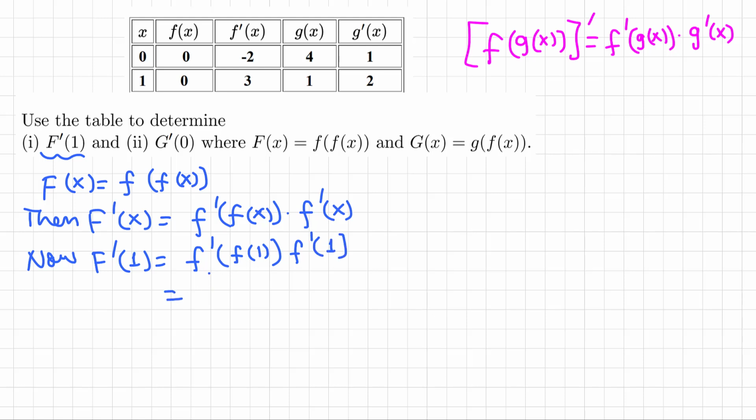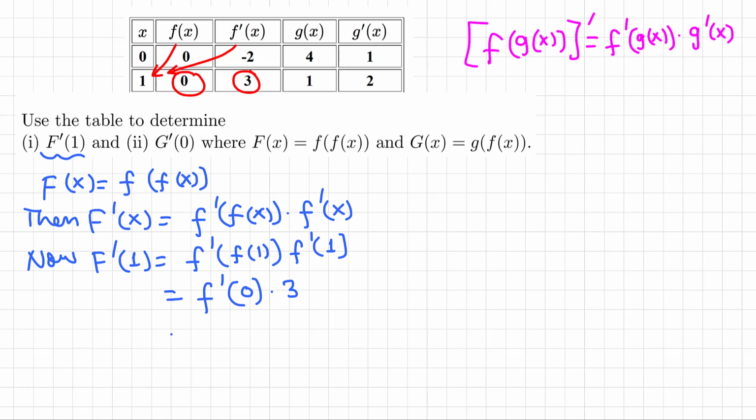So this is a two-step problem. Inside here, f prime of f of 1. What is f of 1? From the table, f at 1 is 0. And f prime at 1 is 3. So from here, f prime of 0 times f prime of 1, and f prime of 1 is 3.